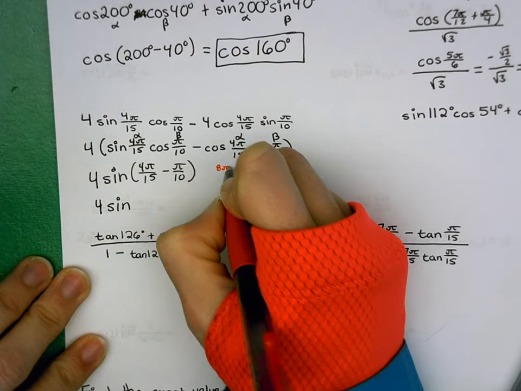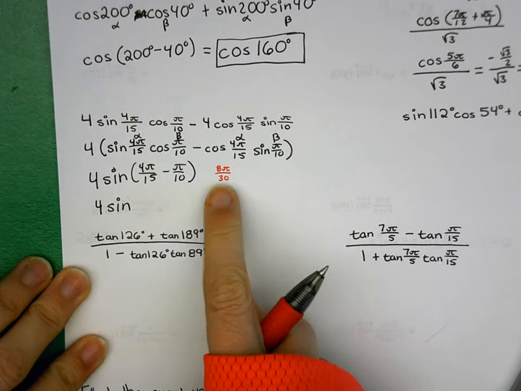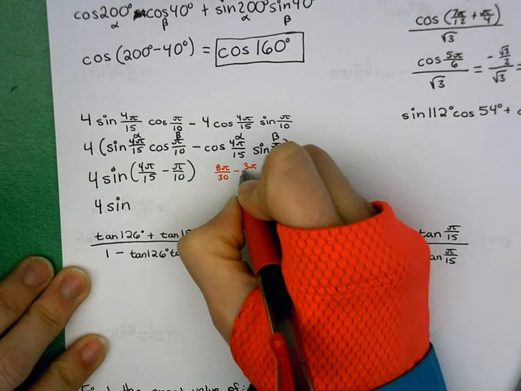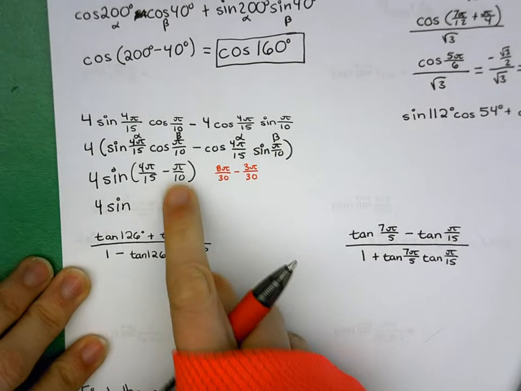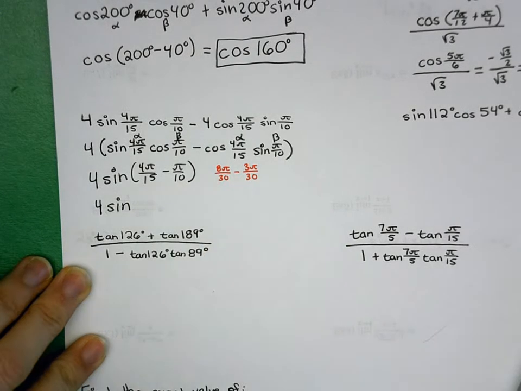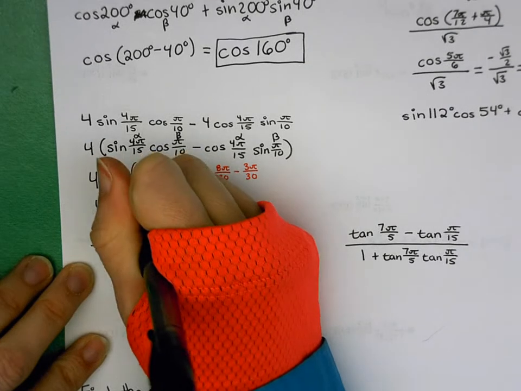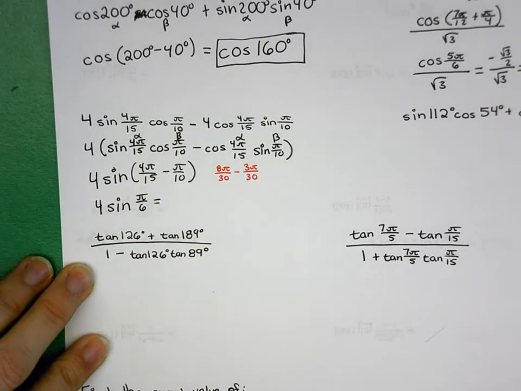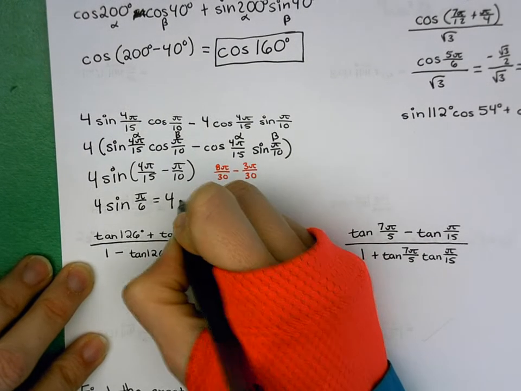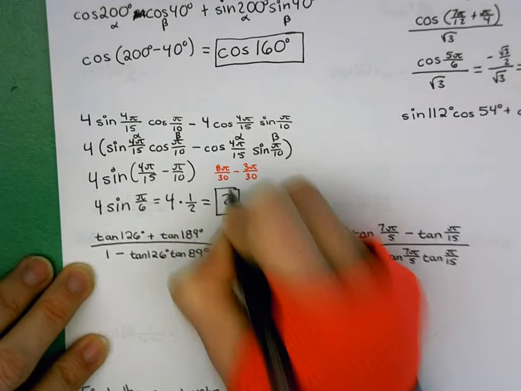So 8 pi over 30 for my 4 pi over 15, multiplying top and bottom by 2, and 3 pi over 30, multiplying top and bottom by 3. This is 5 pi over 30, or if I reduce it, pi over 6. I do know what the sine of pi over 6 is. Sine of pi over 6 is 1/2, and so this answer is 2.